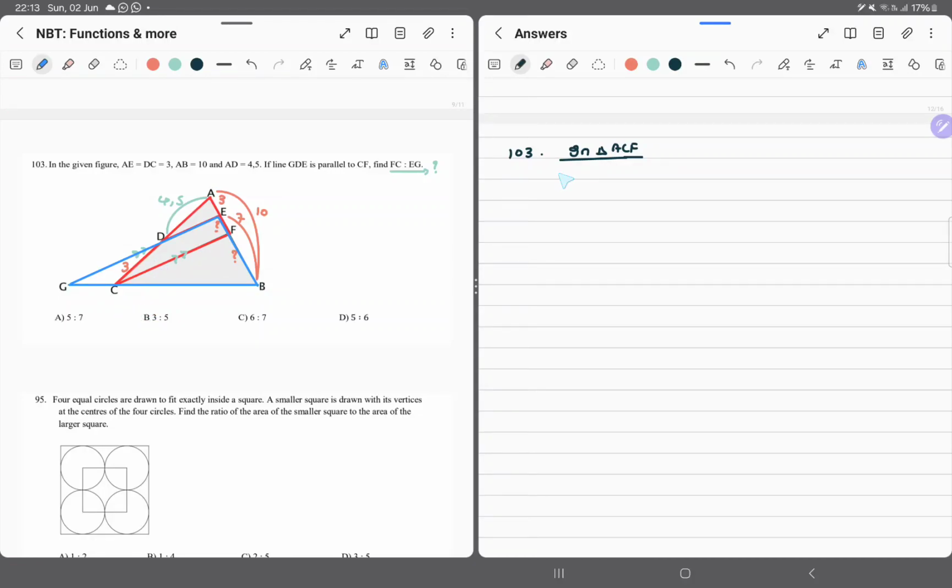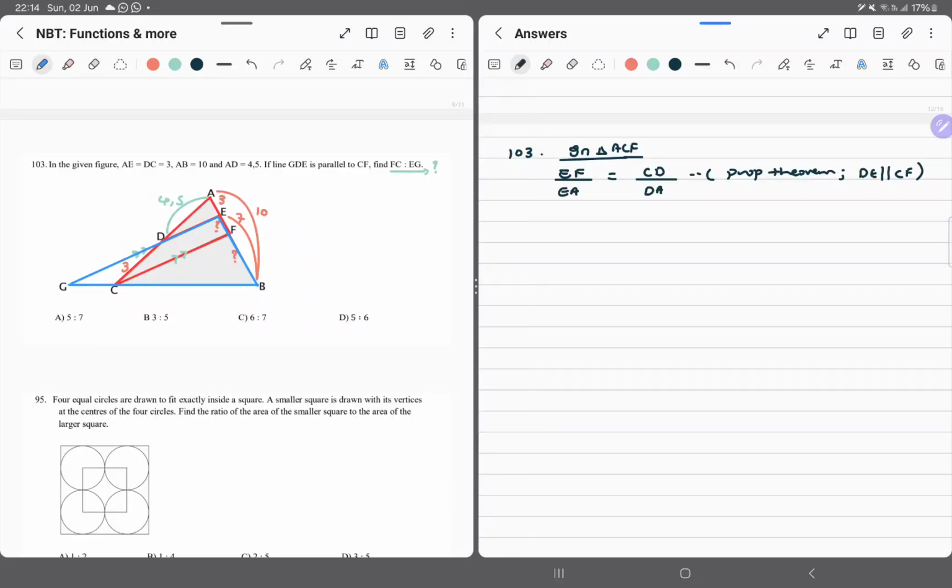We want EF here, so we can start with EF over EA is going to be equal to CD over DA. Again, proportionality theorem with DE parallel to CF.